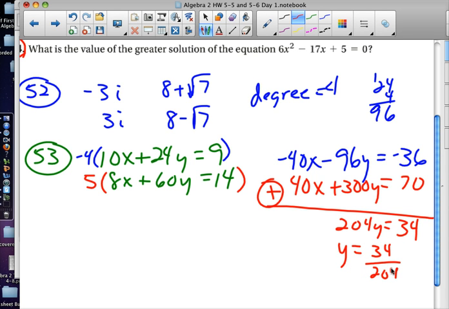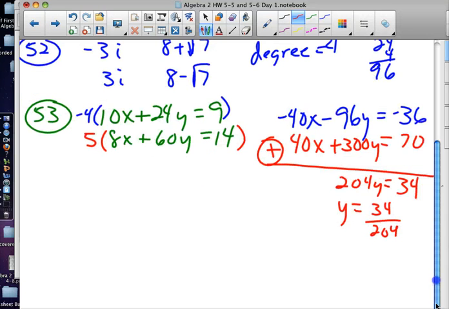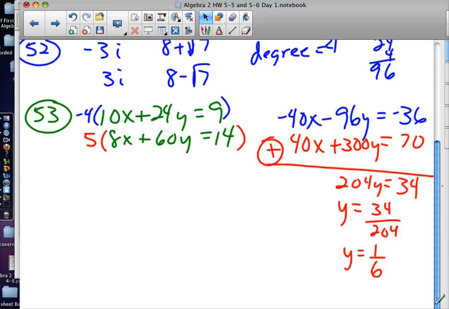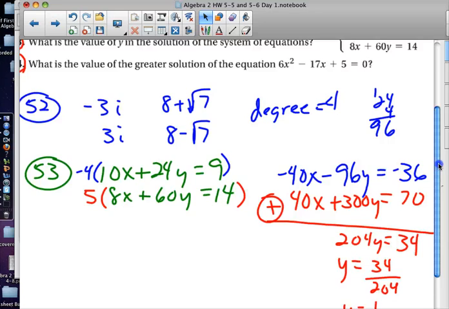So it might not be a bad idea to go ahead and punch this in and just let the calculator reduce it rather than doing it by hand. But like I said, definitely can go with 2. In fact, we can go with 4. So if we reduce this one, it comes out to 1/6. And they just wanted the y value, so we didn't have to do the x at all. So that's probably the easiest way to eliminate the x and just get the y value there.